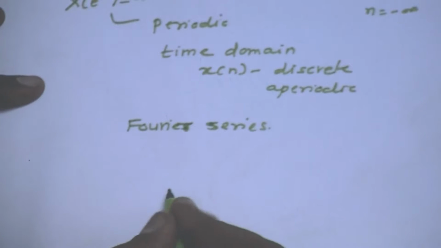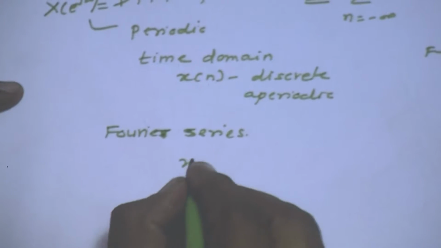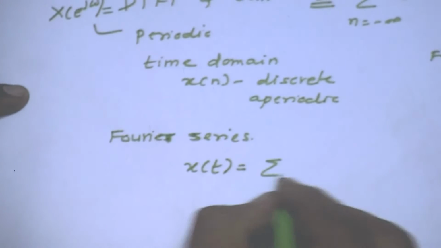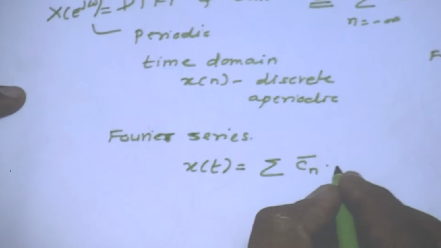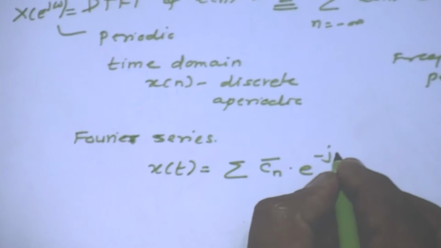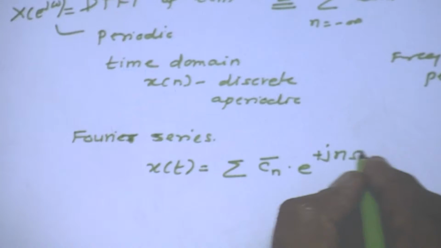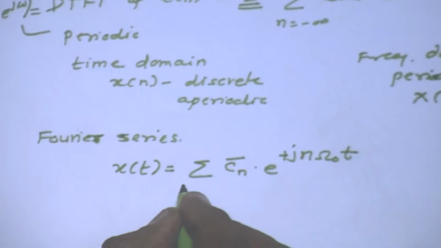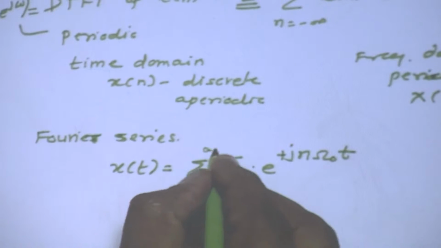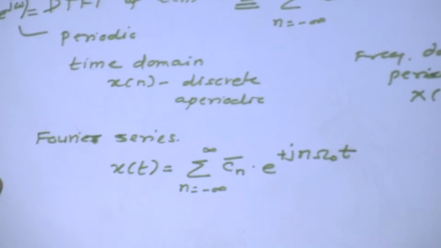What is Fourier series? Fourier series tells that any periodic function x(t) can be written in the form of some C_n bar into e to the power j n omega 0 t, where n goes from minus infinity to plus infinity. The two equations look alike.